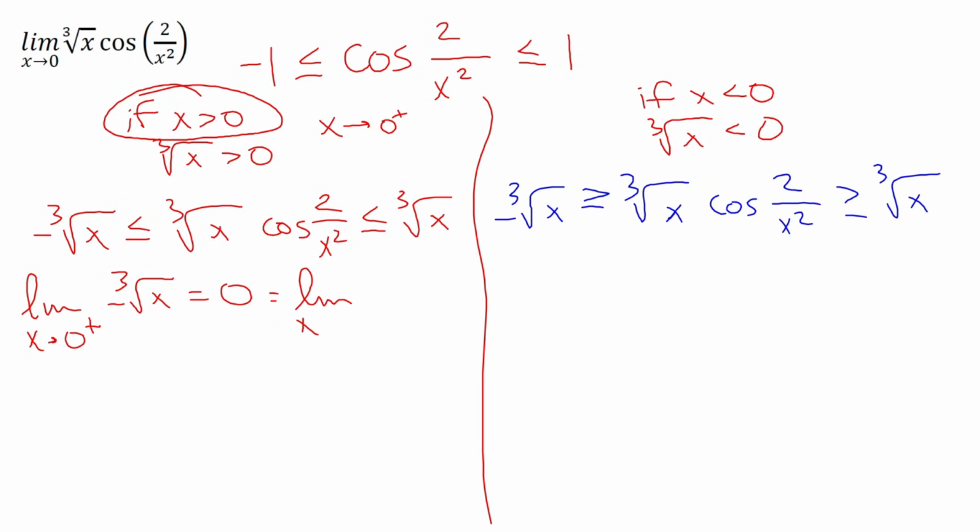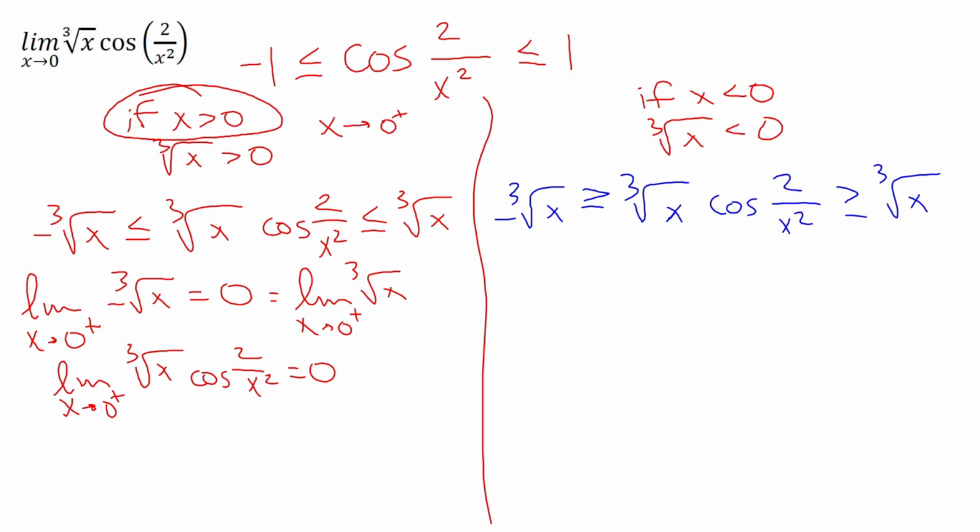And we'll also do a limit as x approaches 0 from the right of the positive cube root of x, which is also 0. Right? So that should tell us that the limit as x approaches 0 from the right of the cube root of x times the cosine of 2 over x squared should also be 0.